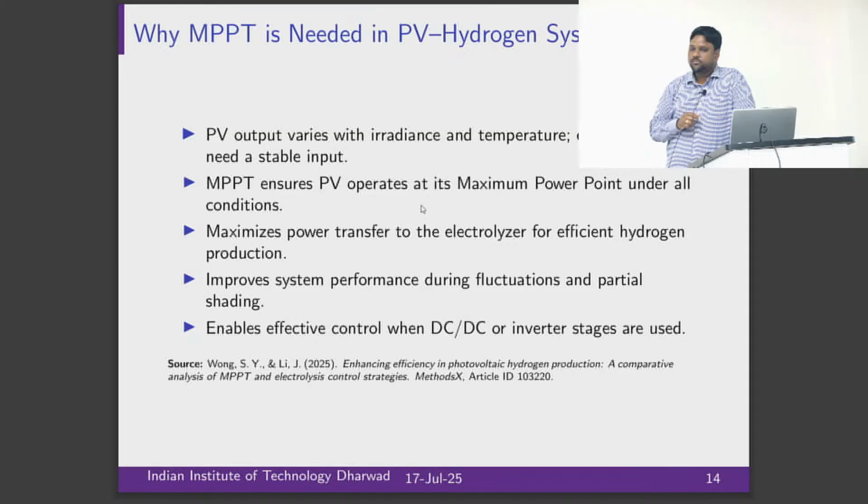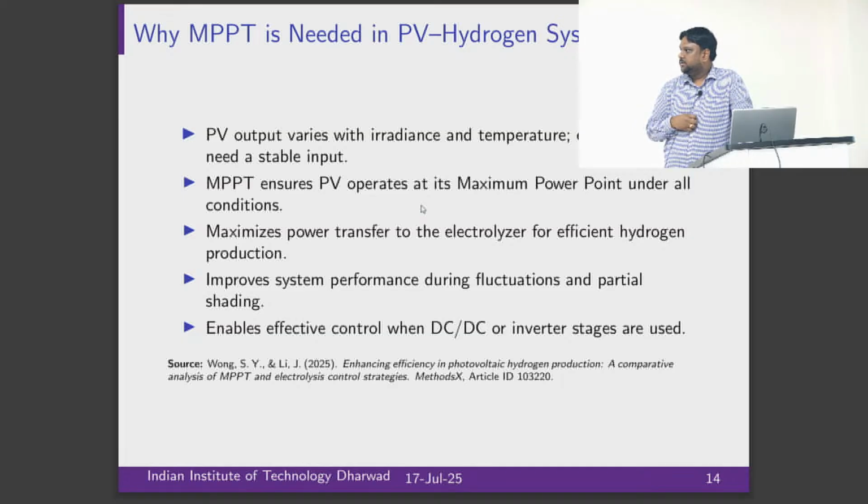But what is the solution? If you use a DC-DC power converter, you try to maintain that through MPPT. Through voltage control, whatever power and voltage fluctuate, you bring into MPPT, so that the hydrogen system doesn't see that much power fluctuation once you have this MPPT controller.